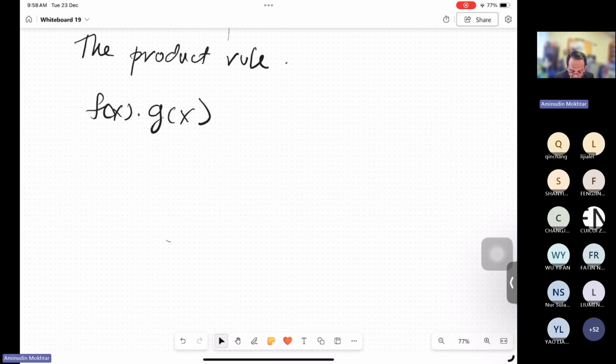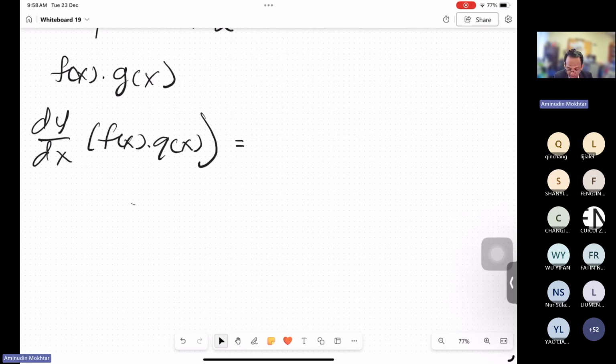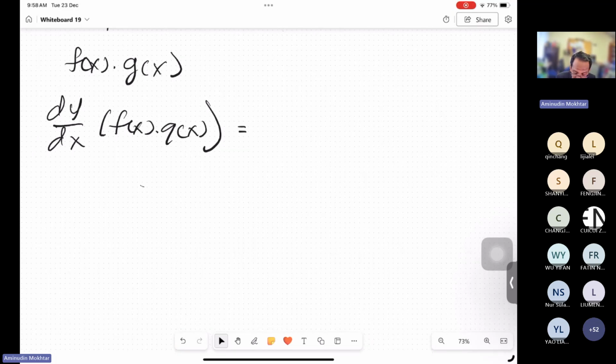The first derivative dy/dx of this function f(x) g(x) is given on page 6, rule number 10, the derivative for the product rule. The first step is we just use this formula.